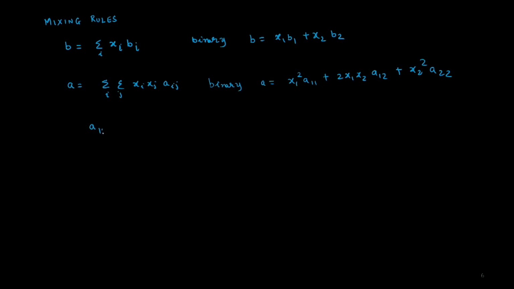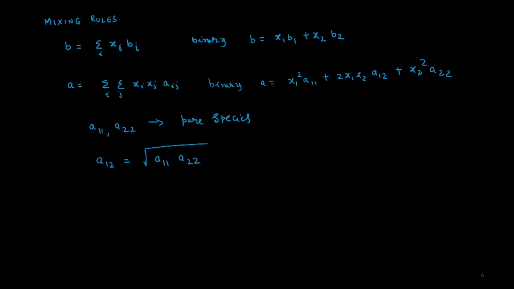As usual, a11 and a22 are the A's for pure species 1 and 2, and a12 is the cross parameter, and for this particular scenario we will get it via a combining rule. The combining rule we use to get a12 is the square root of a11 times a22, right?